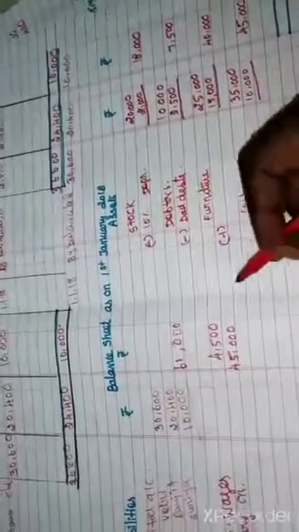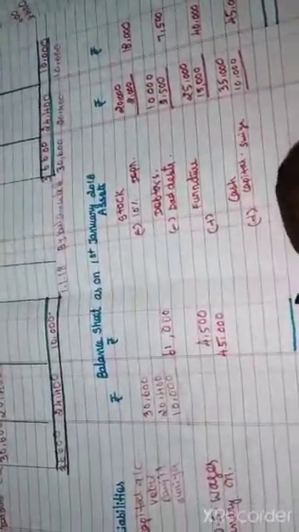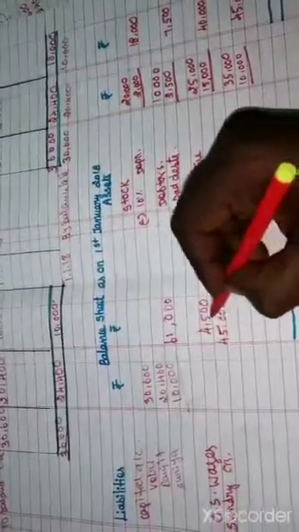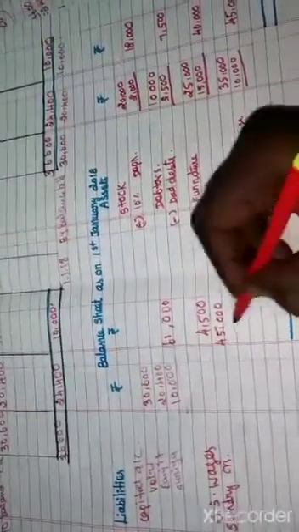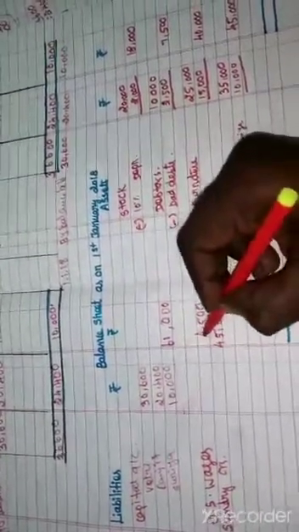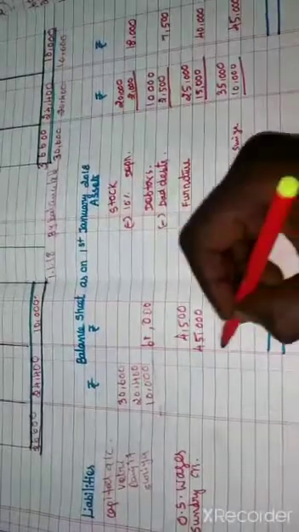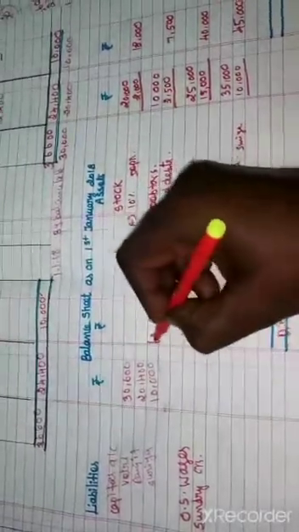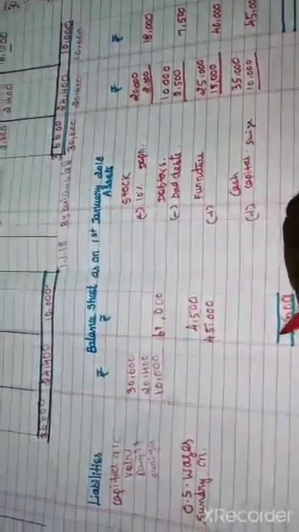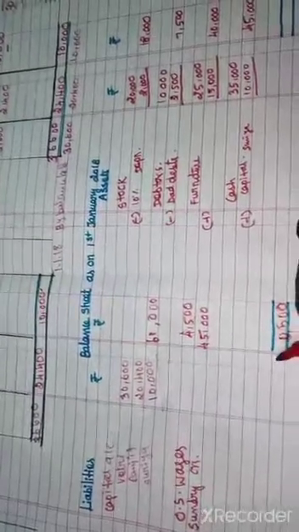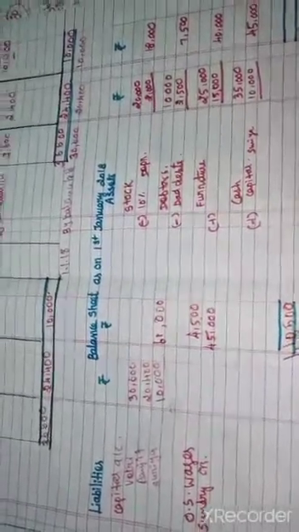Now we got it. Now we are going to balance both sides. So now we see here, 0 0, third column 5, fourth column 5 plus 4 is 9, 9 plus 1 is 10, then 5 plus 6 is 11. So we got the value 1,10,500 in the liabilities column.